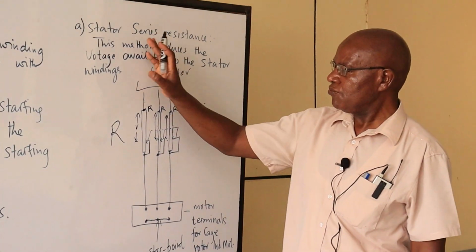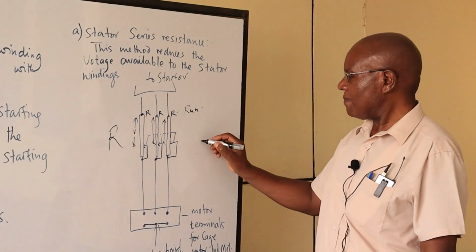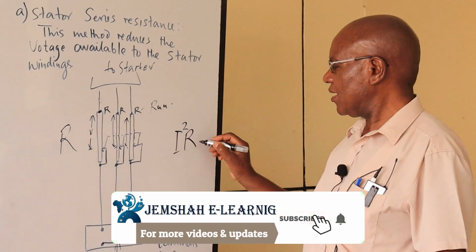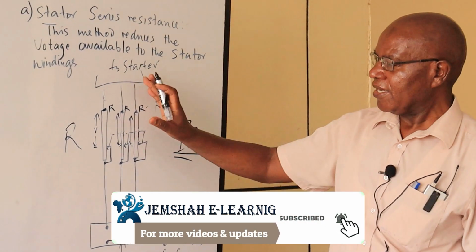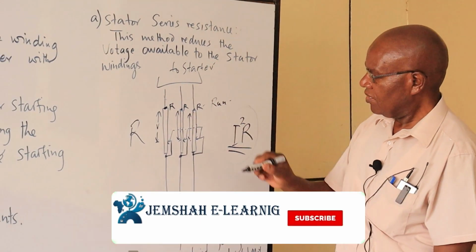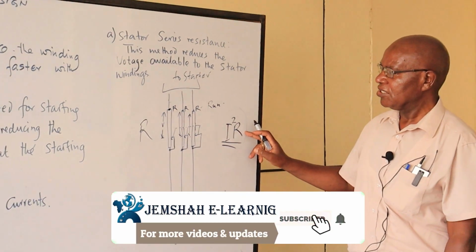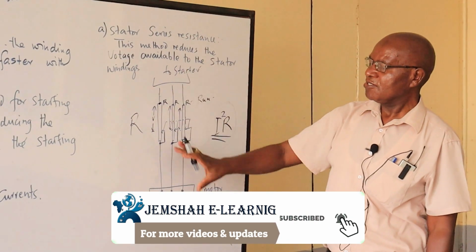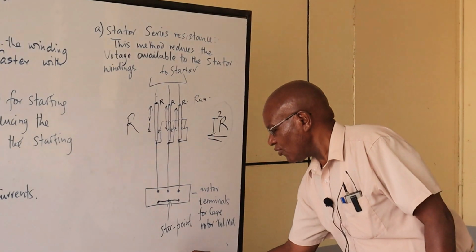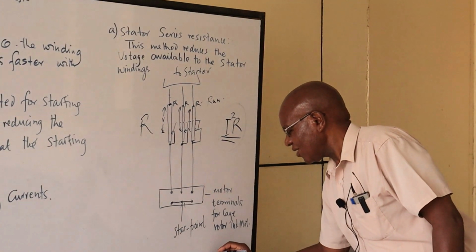And of course, now we know Ohm's law, there will be some power loss in the resistances given by I squared R. So again, there's a limit to how large this motor is, as this loss will be power wasted. So usually this one is normally used for what I would call small large motors.